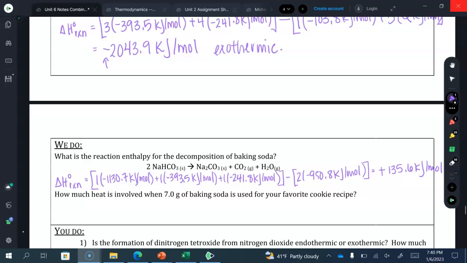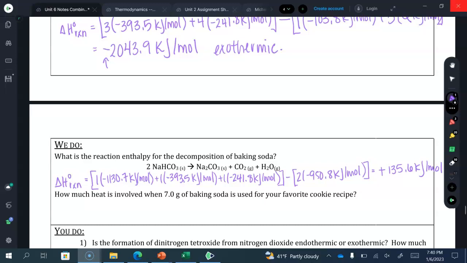When you combine those 2 terms, you should get a positive 135.6 kilojoules per mole, which should make sense a little bit for a decomposition reaction because you're technically pulling apart the components of one molecule. So those should be endothermic. Not always, but that would make sense that it is endothermic and thus requiring some energy to make it happen.